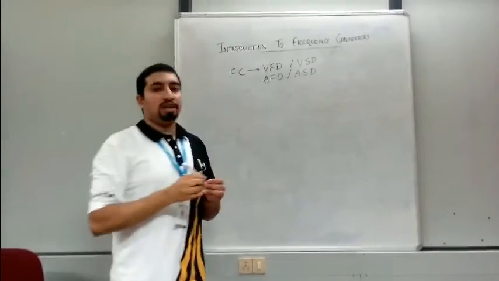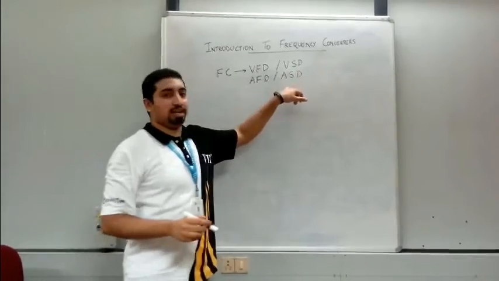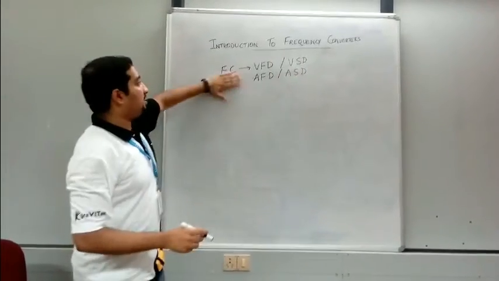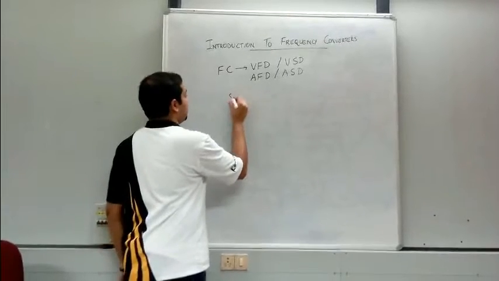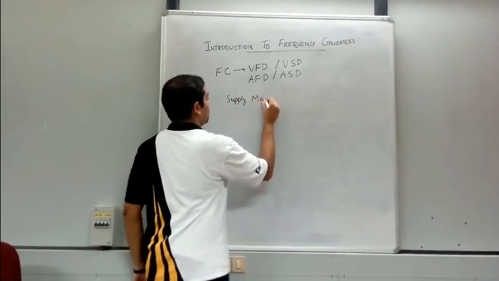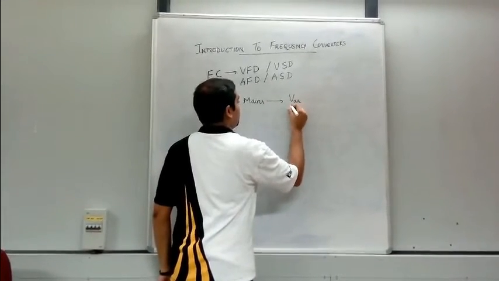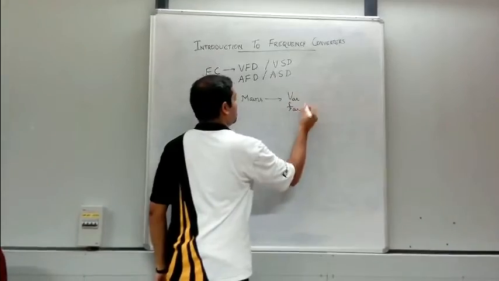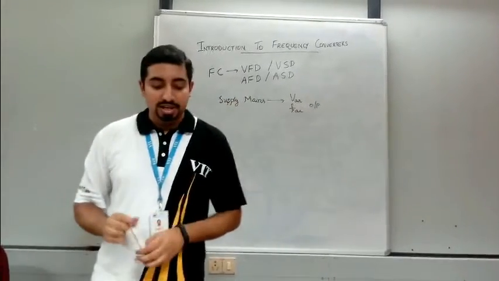So it can be called by any of these names, either VFD or AFD, VSD or ASD, but overall it means a frequency converter. A frequency converter converts supply mains to variable voltage, variable frequency output. This is the basic function of a frequency converter.